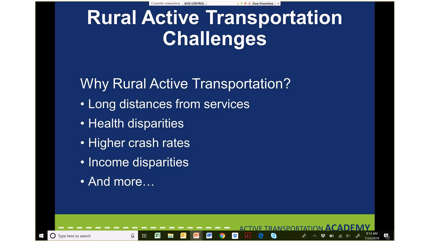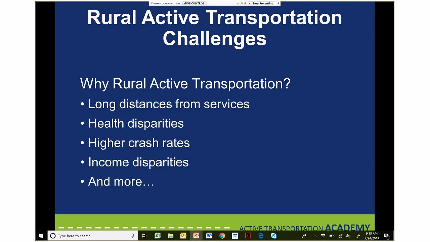And so how can active transportation help to minimize those health disparities? There are higher crash rates on certain types of rural infrastructure, and so we'll look at that and specifically talk about the bicyclists and pedestrians and other non-motorized vehicles and how they are susceptible to serious and fatal types of crashes.